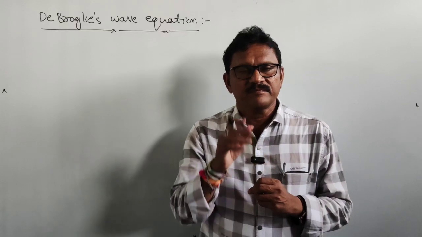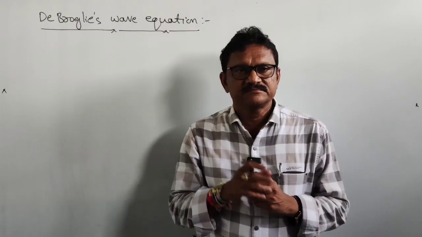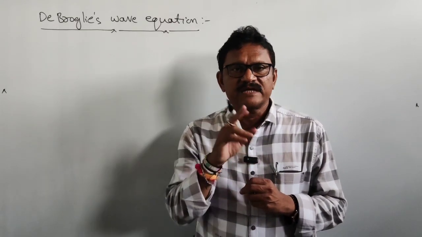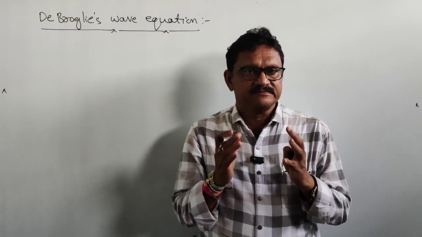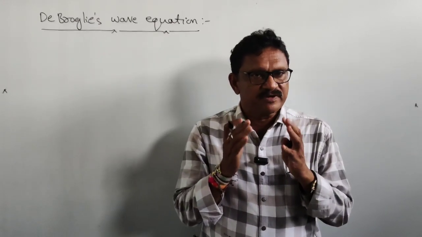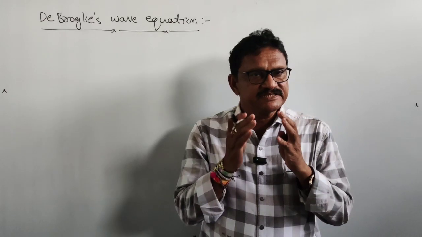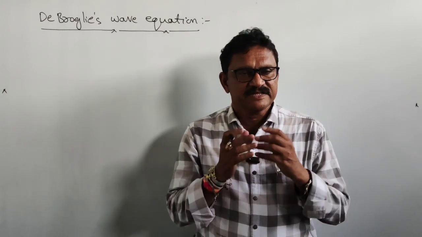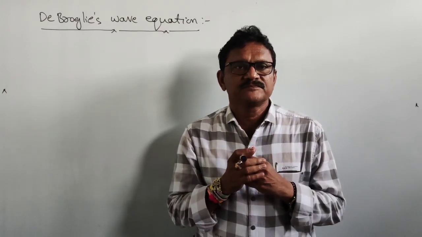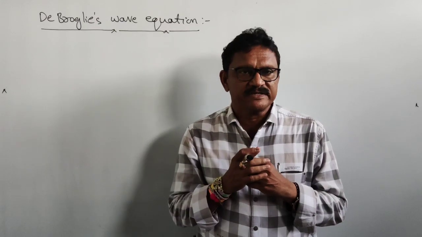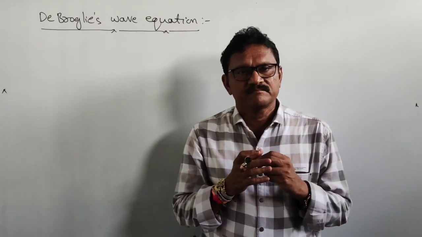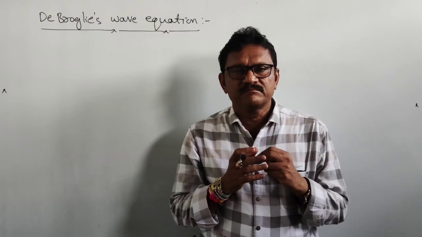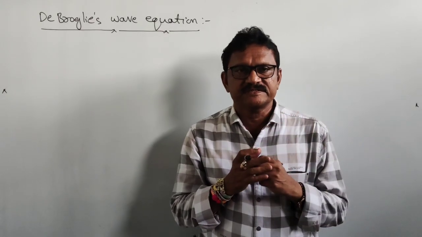For example, matter can have dual nature, particle nature as well as wave nature. In the same way, the subatomic particles present in the inner core of an atom, like electron, proton, and neutron, those charged microparticles can have both particle as well as wave nature.